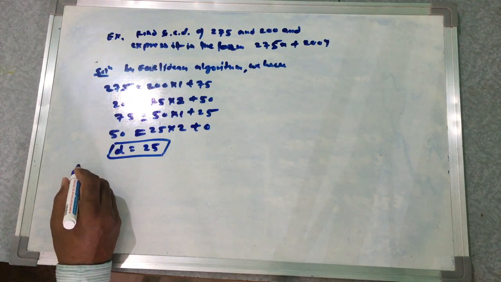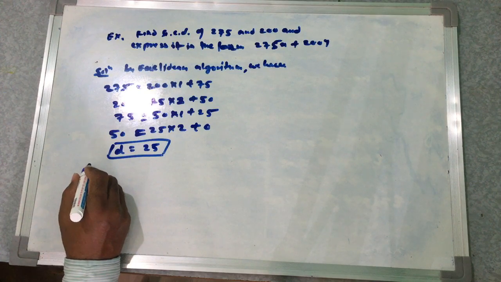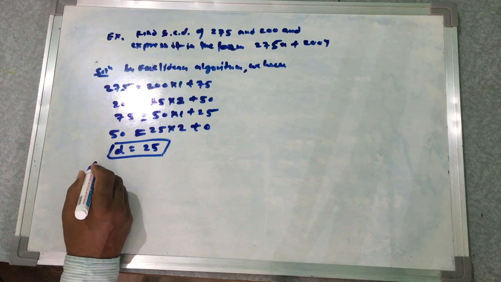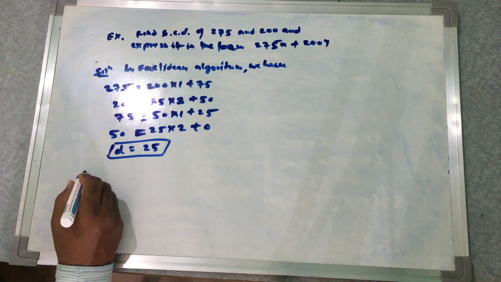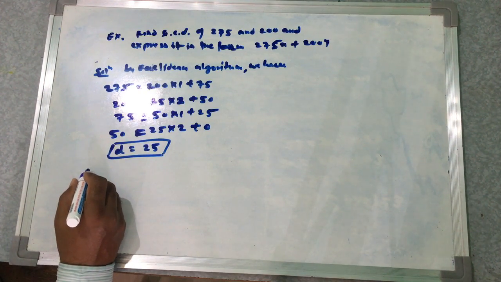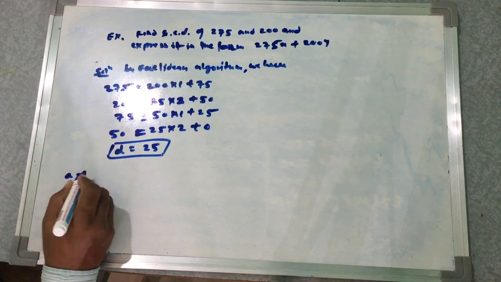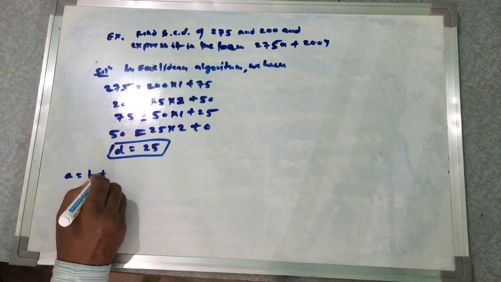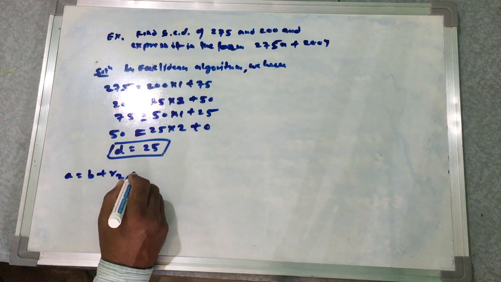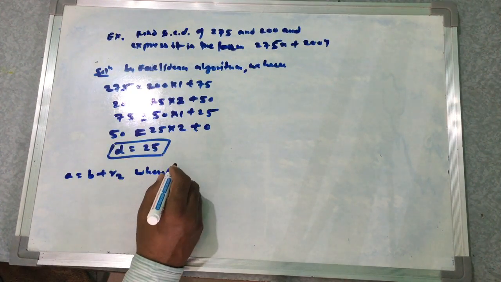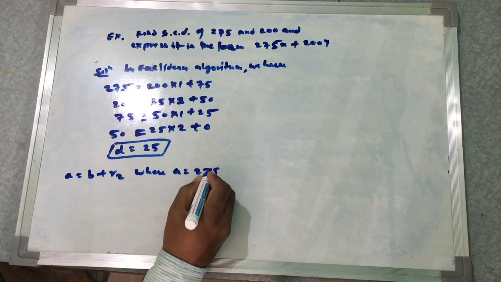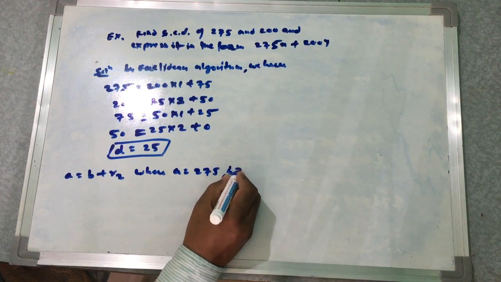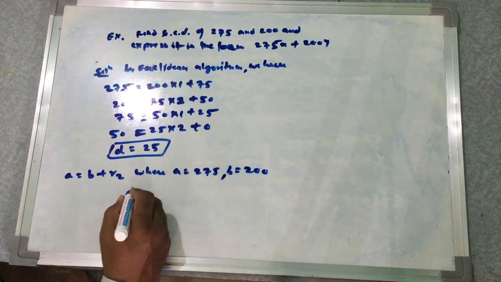Rewriting the above equations, that is a = b + r2, where a is equal to 275 and b is equal to 200.